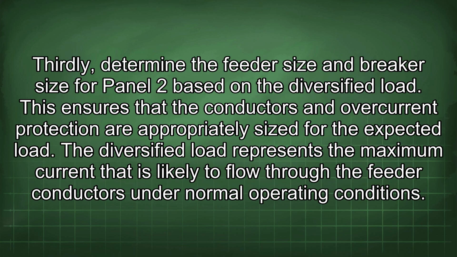Thirdly, determine the feeder size and breaker size for panel 2 based on the diversified load. This ensures that the conductors and overcurrent protection are appropriately sized for the expected load. The diversified load represents the maximum current that is likely to flow through the feeder conductors under normal operating conditions.